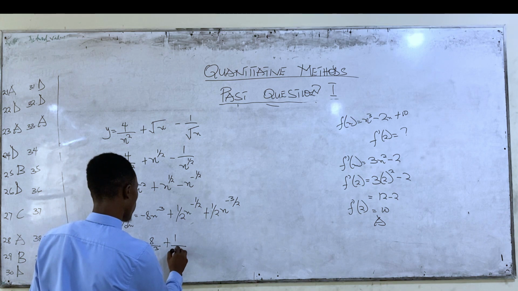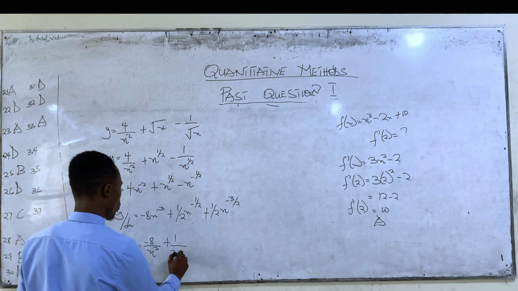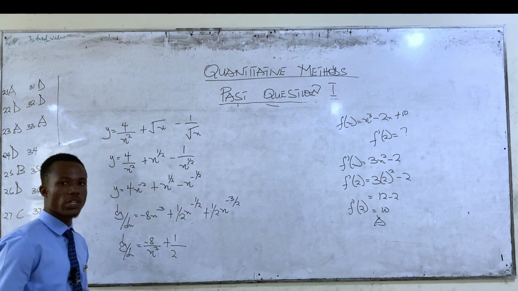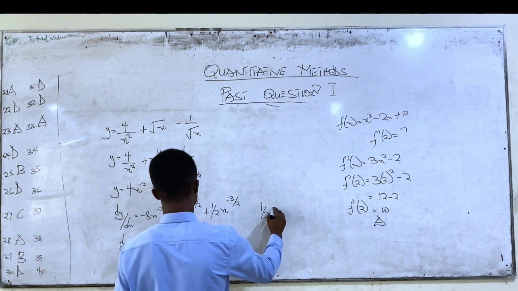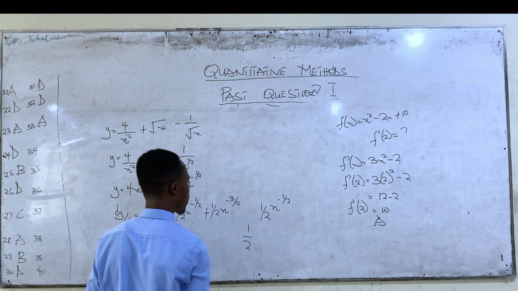It is going to be 1 over, then the 2, so half, right? And the x will just come down. So it is going to be x exponent half. And you know that x exponent half is what? It is 1 over 2 x negative 1 on 2, right? So it is half like this.